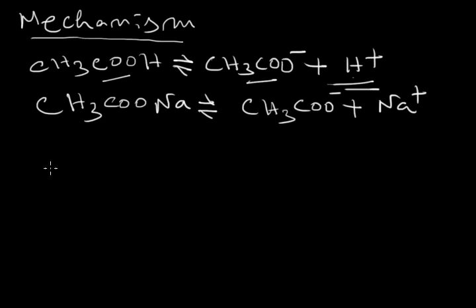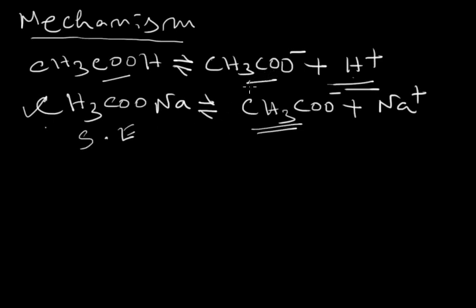Now, in this case, the concentration of acetate decreases by 50, and this salt, that is sodium acetate, is used. Sodium acetate is a strong electrolyte. It dissociates completely in aqueous solution. So a lot of acetate ions are there. As a result, the decrease in the number of acetate ions in the previous case is counterbalanced.